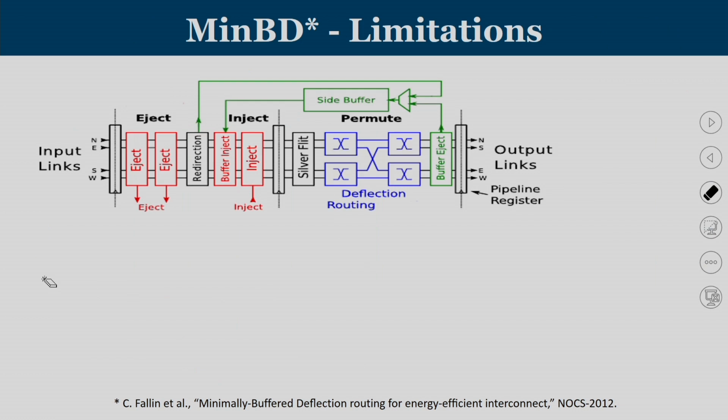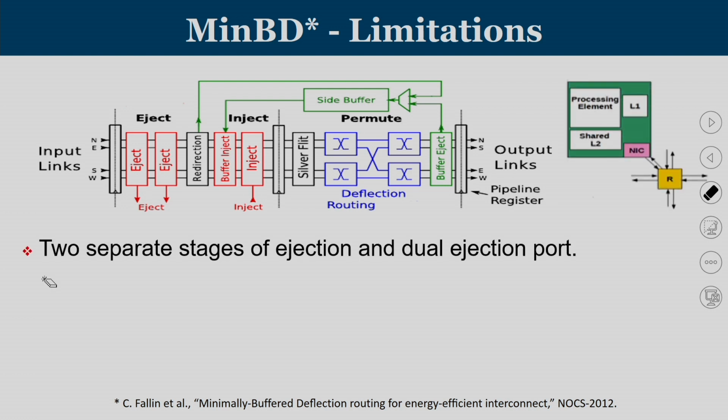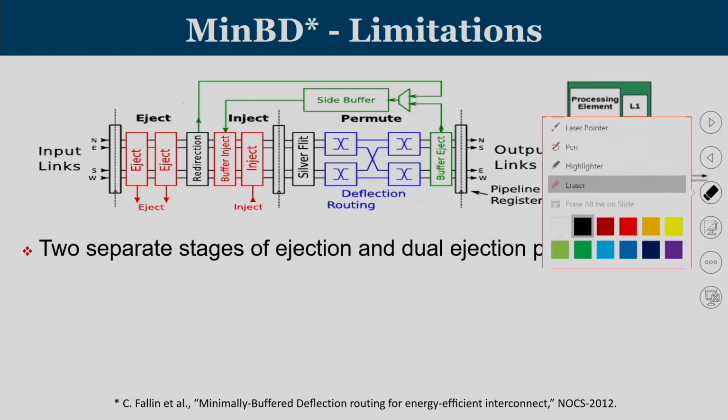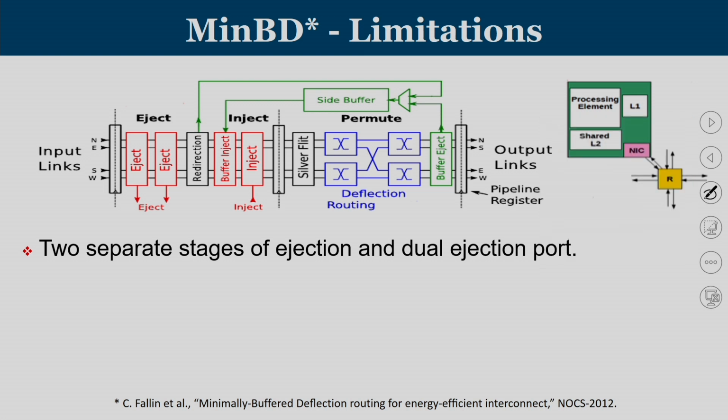Now, let us see what the limitations of this MinBD architecture are. This is the conventional diagram of MinBD. Here you have two separate stages of ejection. What do we mean by two separate stages of ejection? That leads to a dual ejection port. What you see on the right side of the slide is the way a router is interfaced to a tile.